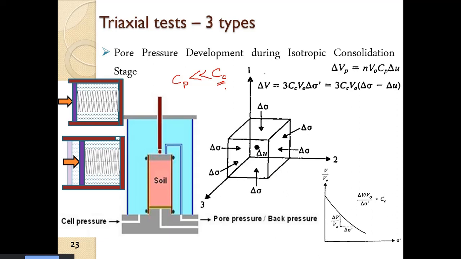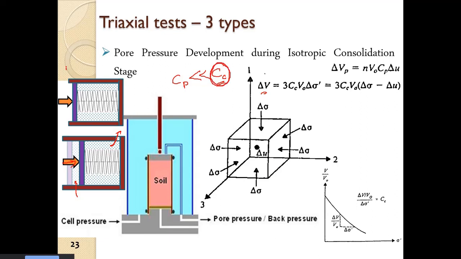Here the volume change is with respect to the change in void ratio. So when the water drains out, when we apply load, we will have delta V, which will be given by the compression index, right?